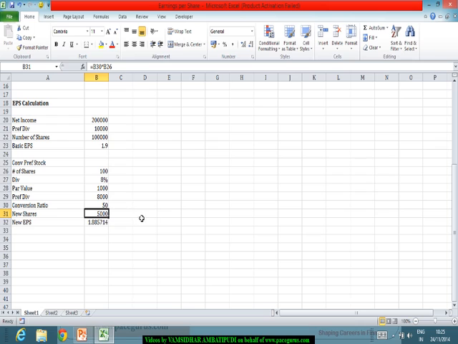In that case, the new shares created are 5,000, and the new EPS is 1.88, which is lesser than the basic. Then I'll call this security a dilutive security, and I use it in the computation of the EPS.